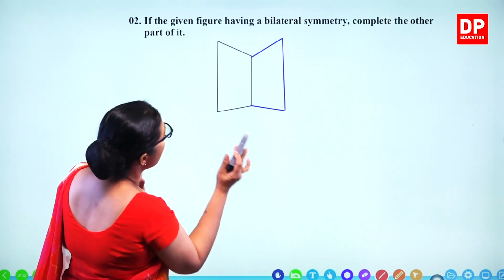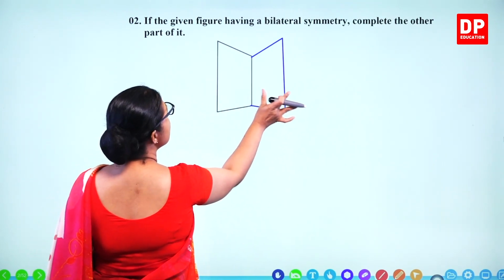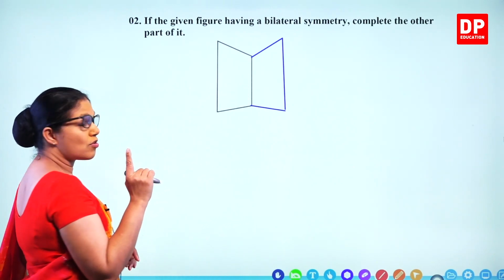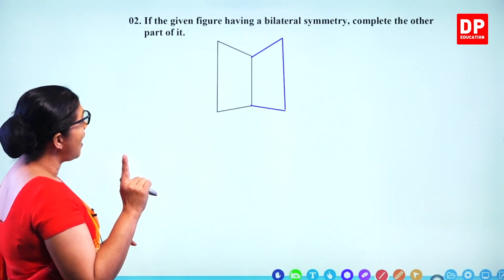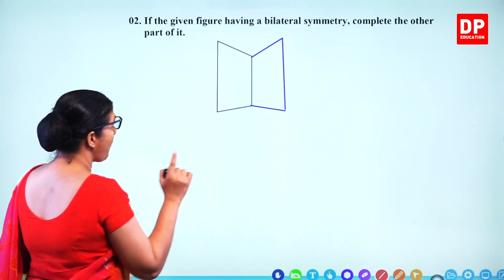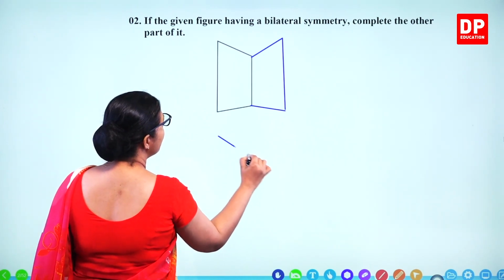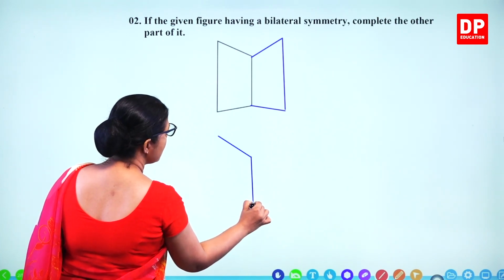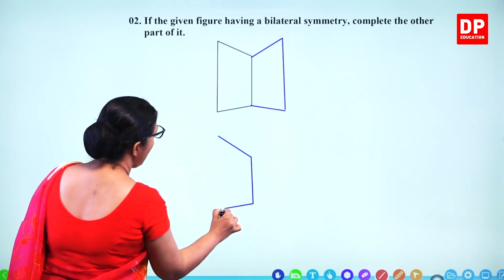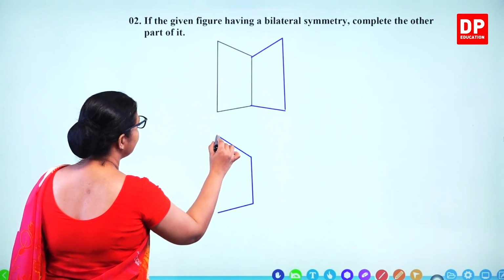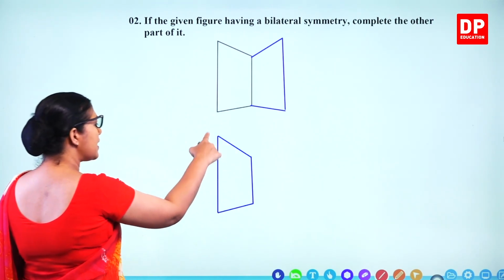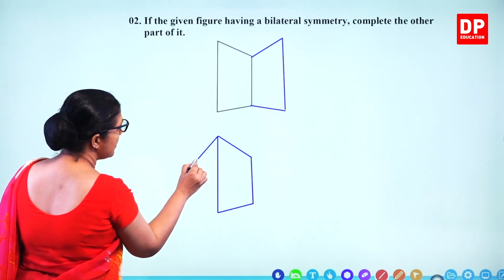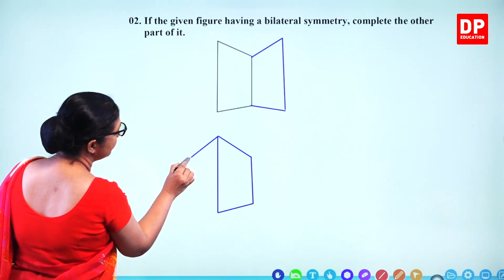So here, assuming this side is equal to this side. If I take this one as the axis of symmetry, I can do the same thing this way as well, because the axis of symmetry is not given there.